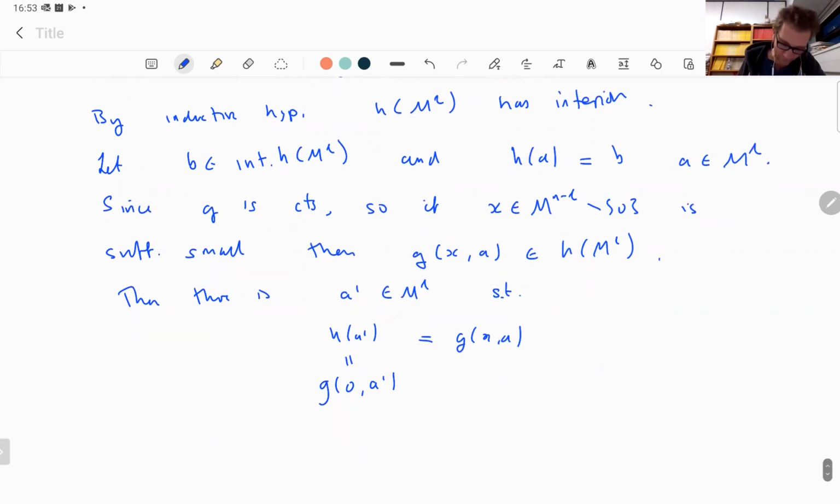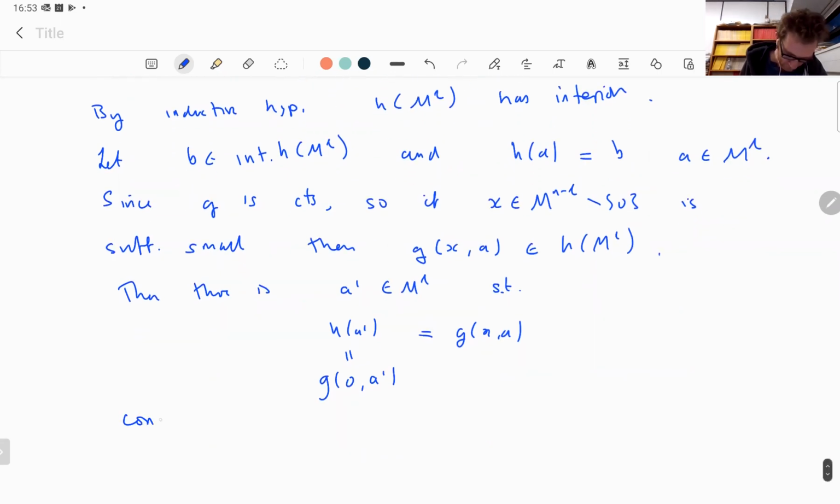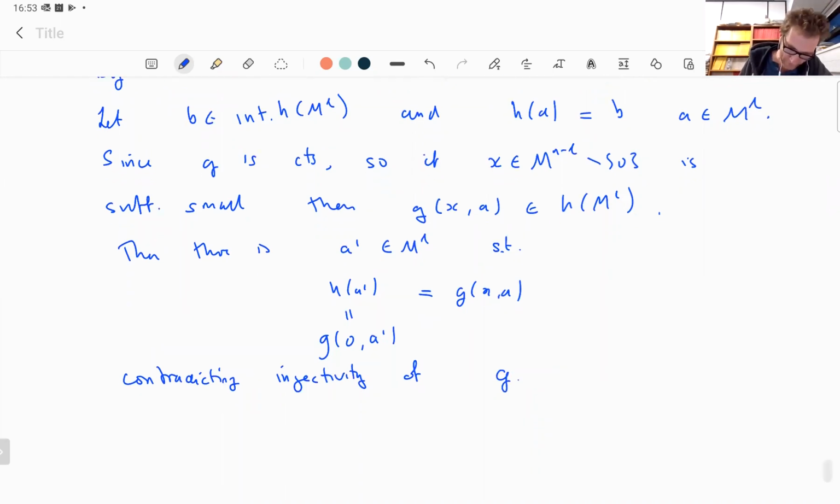This contradicts injectivity. So that means at least one of the cells in our cell decomposition of the image of X must be open, and so f of X contains an open cell.